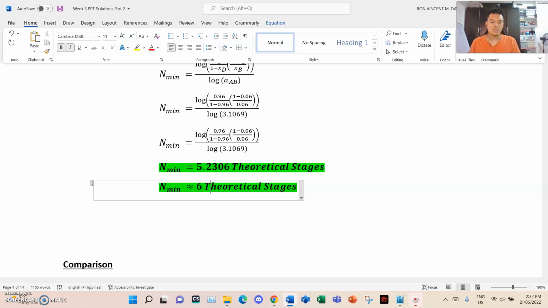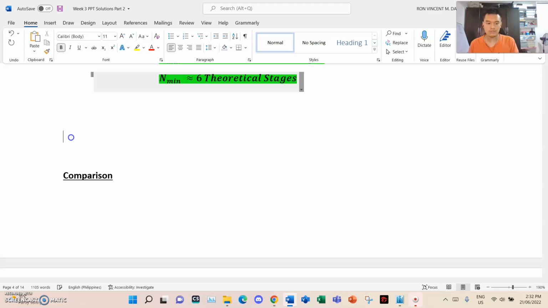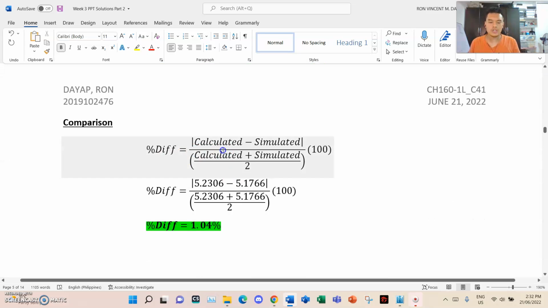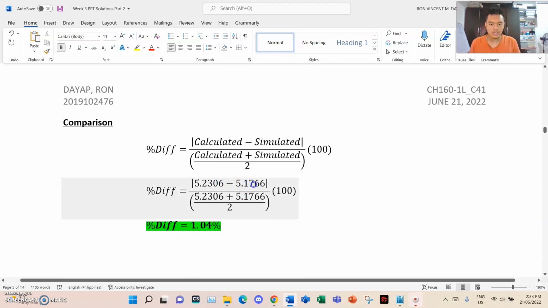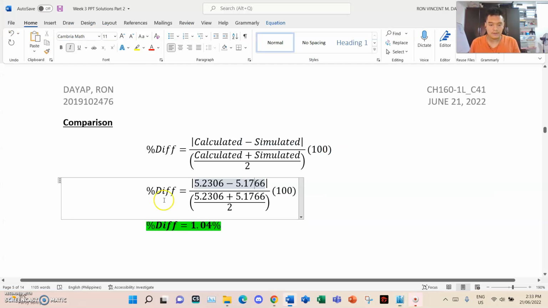Quite nice. So how would we compare this hand calculated value to the DWSIM value? Remember, what we calculated for the minimum stages is 5.2306, and the simulated value is 5.1766. Finding the percent difference using this formula gives 1.04% difference.